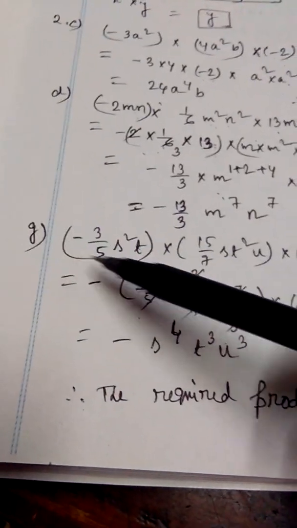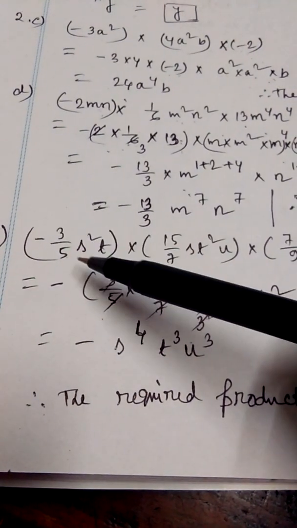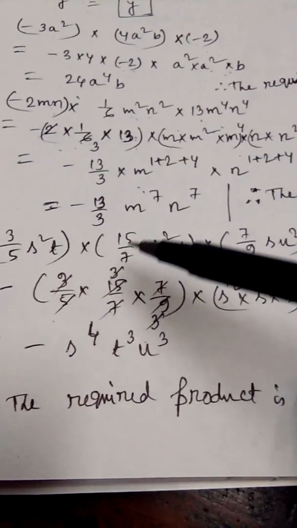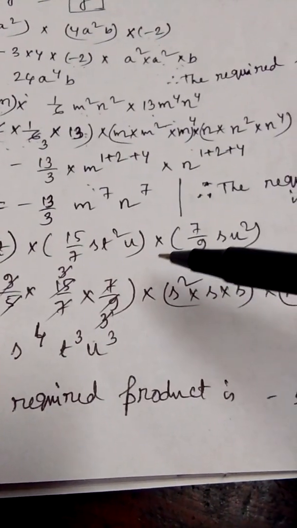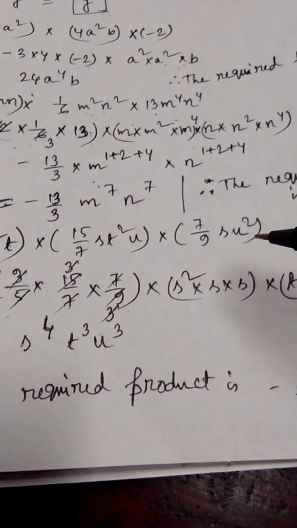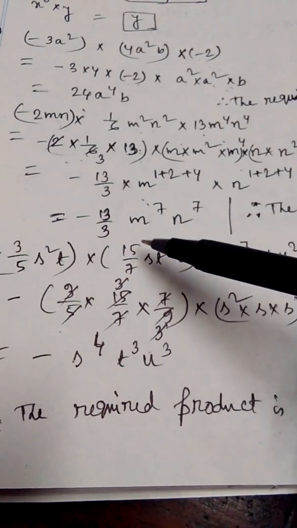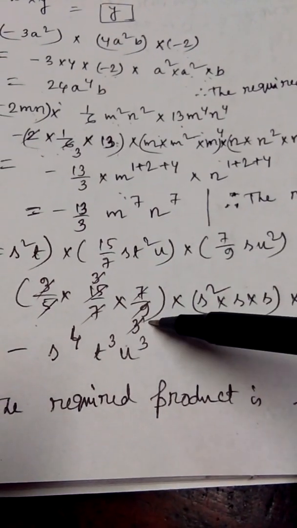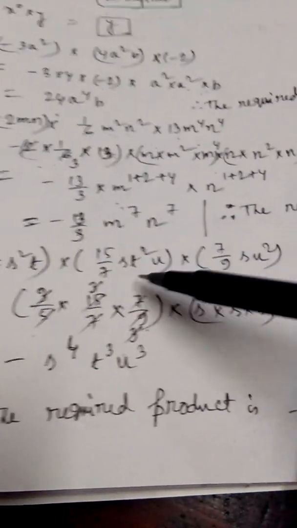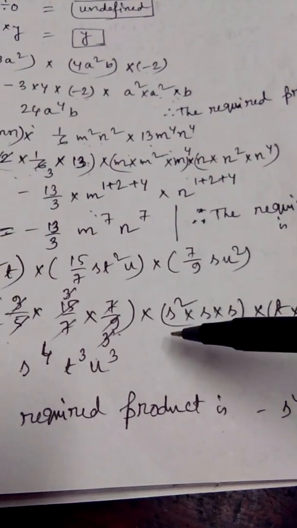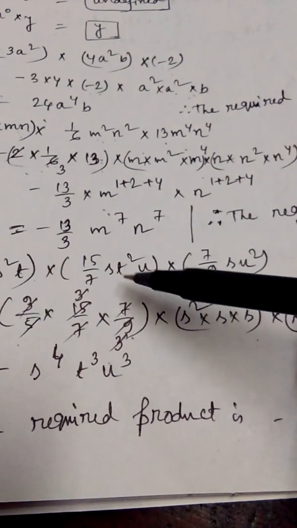In problem Z, we see that minus 3 by 5 s square t into 15 by 7 s t square u into 7 by 9 s u square equals minus 3 by 5 into 15 by 7 into 7 by 9 into s square into s into t square into u into u square.